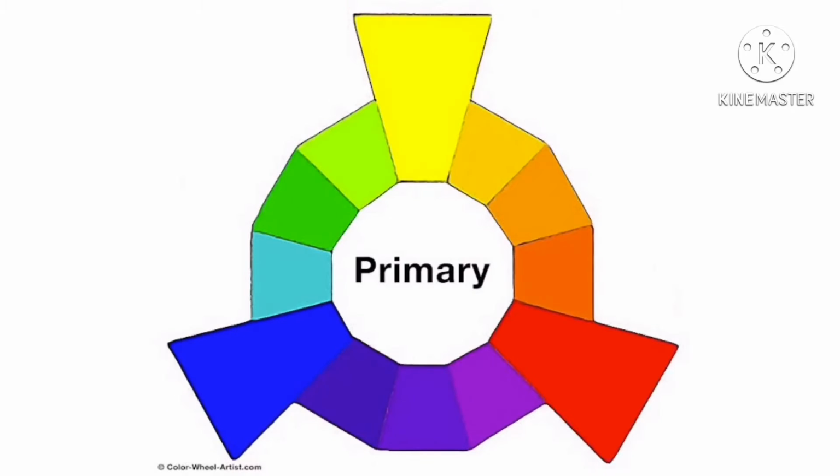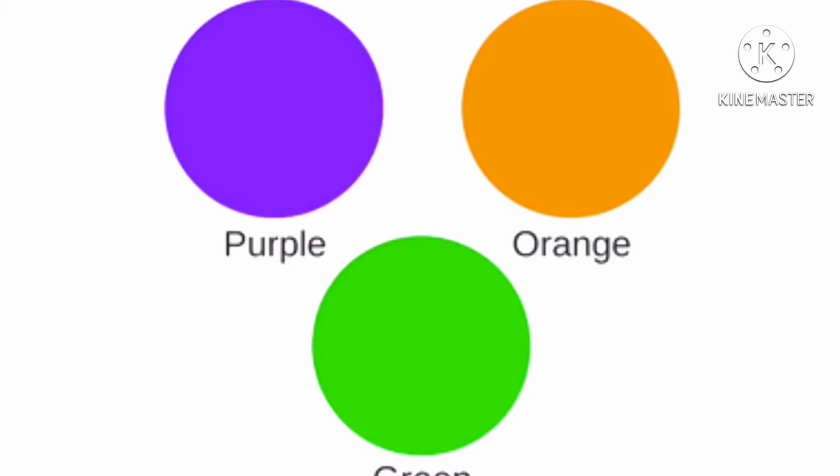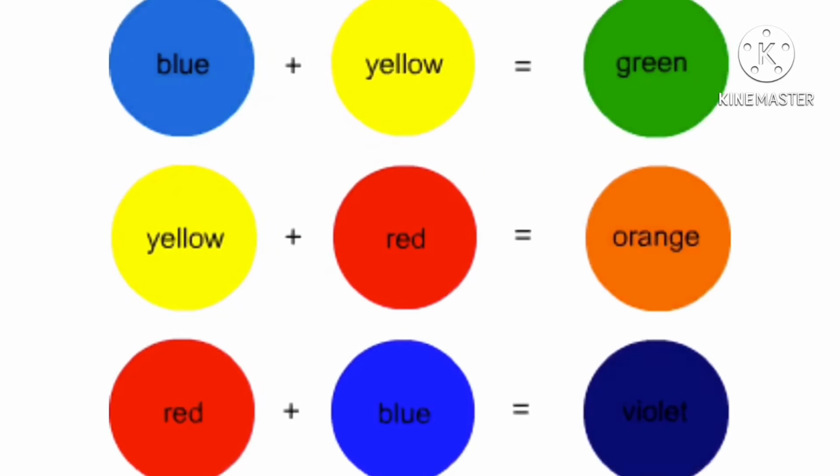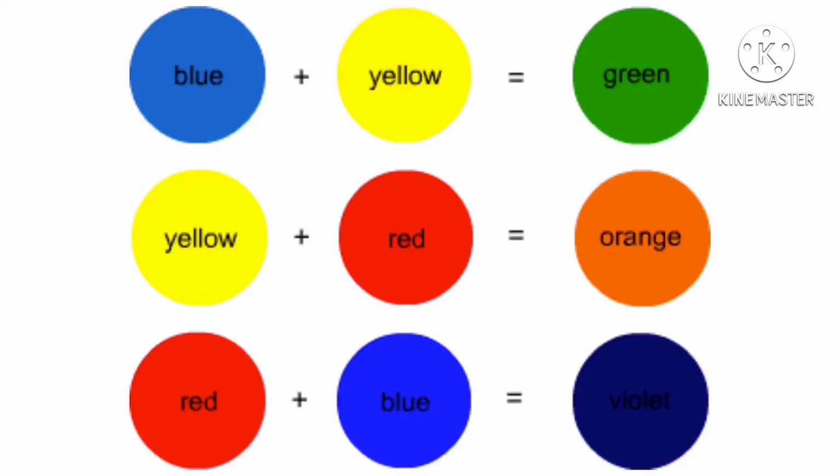Primary colors are mixed together to create other colors, like the secondary colors. The secondary colors are combinations of two of the primary colors in equal amounts.